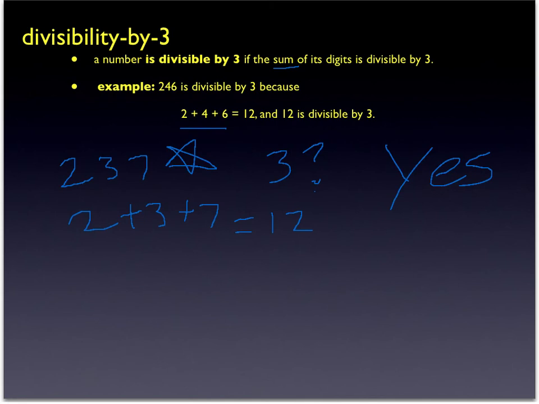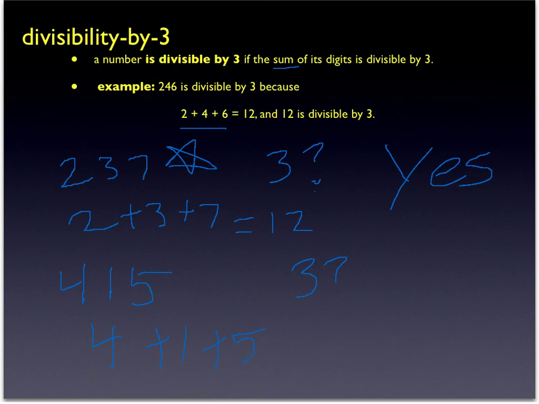Okay. Now, what about 415? Is 415 divisible by 3? Let's check our test. Let's put a little 3 over here with a little question mark. Whoops. Let's try that again. All right. Okay. 4 plus 1 plus 5.